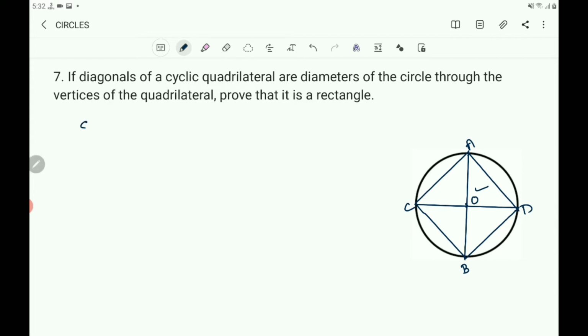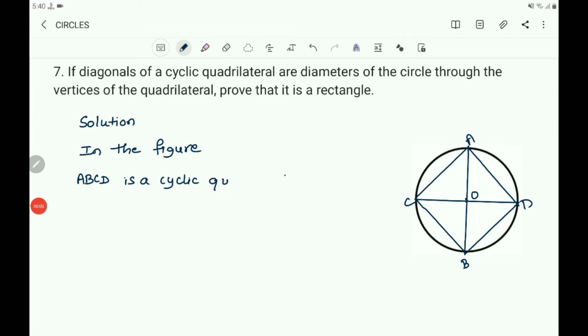So you take the solution. In the figure, ABCD is a cyclic quadrilateral. Diagonals AB and CD are intersecting.